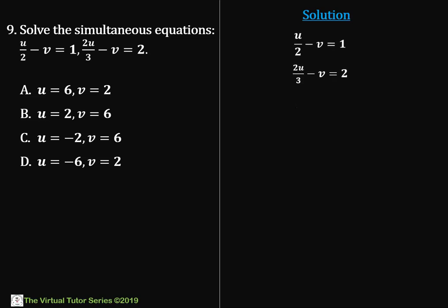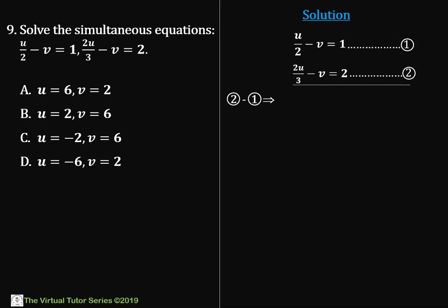Let's assign 1 to the first equation and 2 to the second equation. There are different methods by which these simultaneous equations can be solved. But in our case, let's use the elimination method by subtracting equation 1 from equation 2.